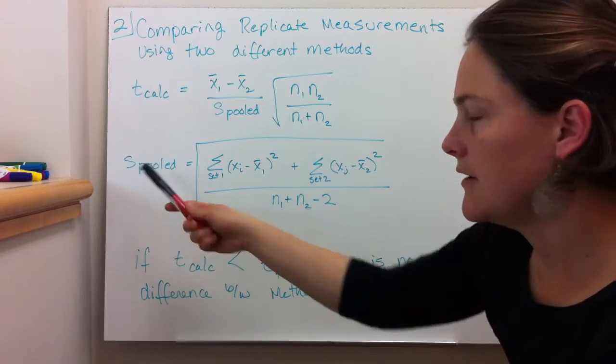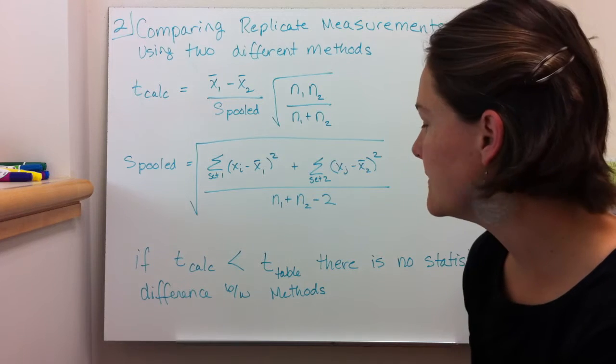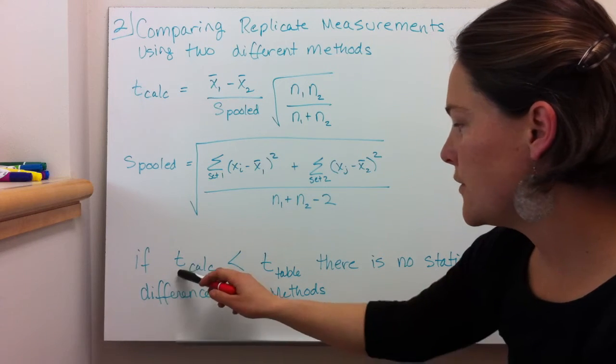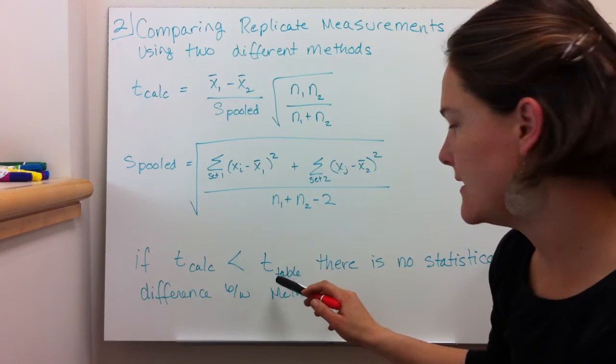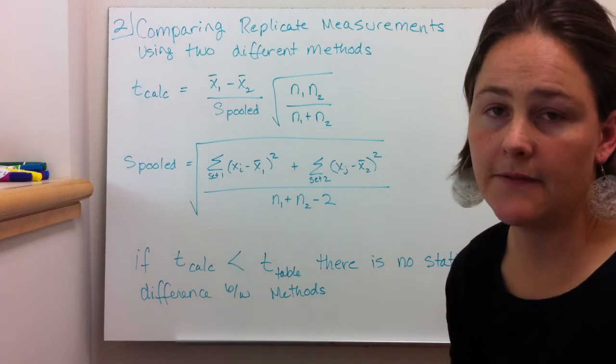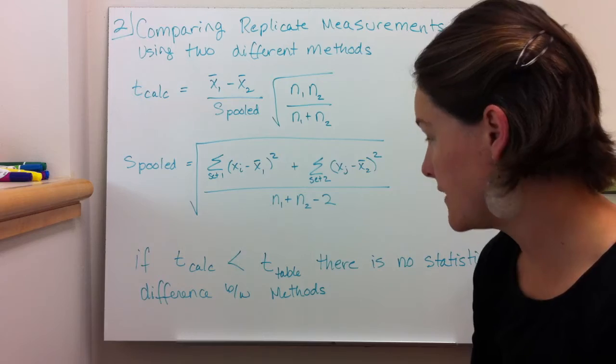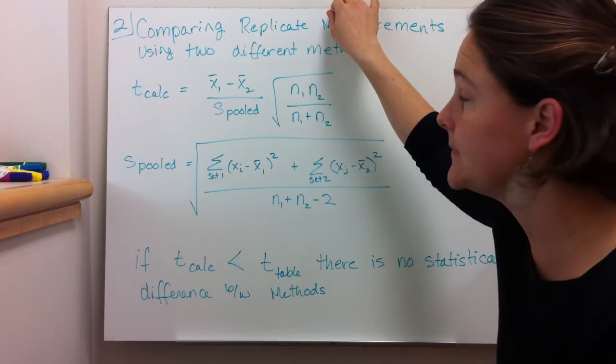So it's just calculating your combined standard deviation. And then if your calculated t is less than the t that you find in the table, then there's no significant difference between the 2 different methods.